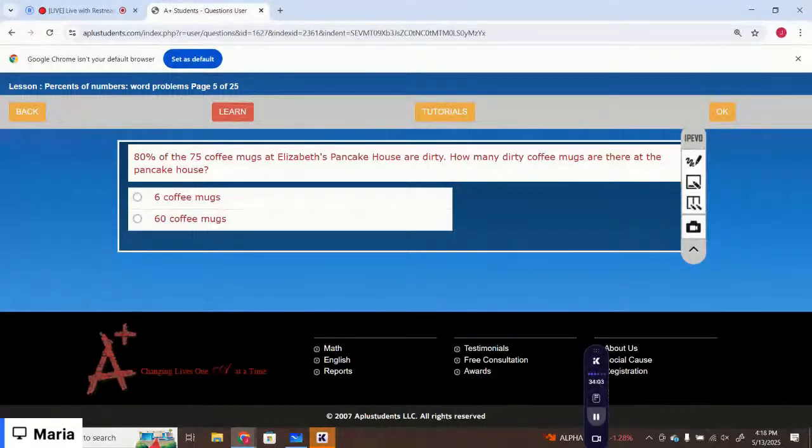Which is the correct option? 80% of 75 is 60 coffee mugs. Option number 2 is the correct option.